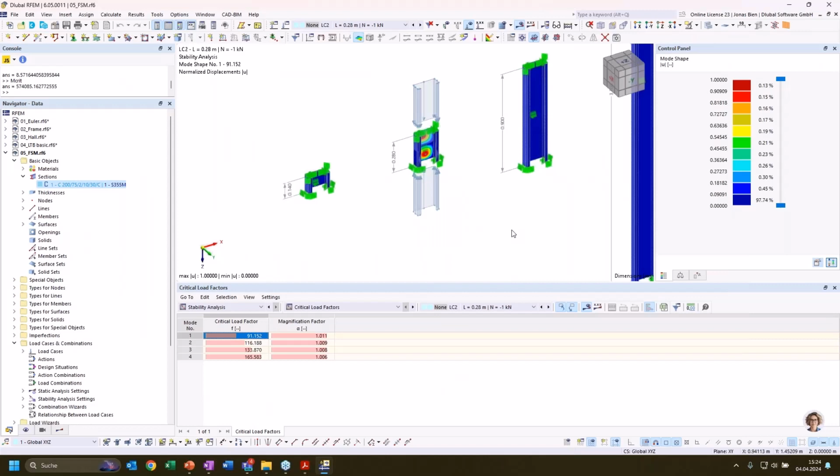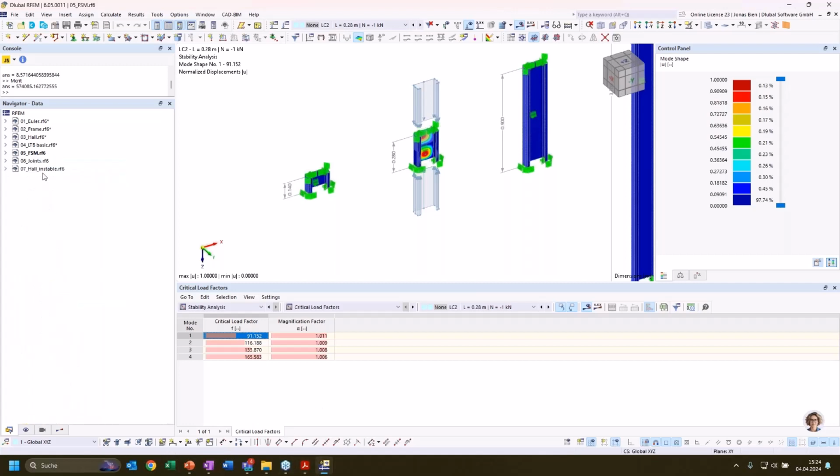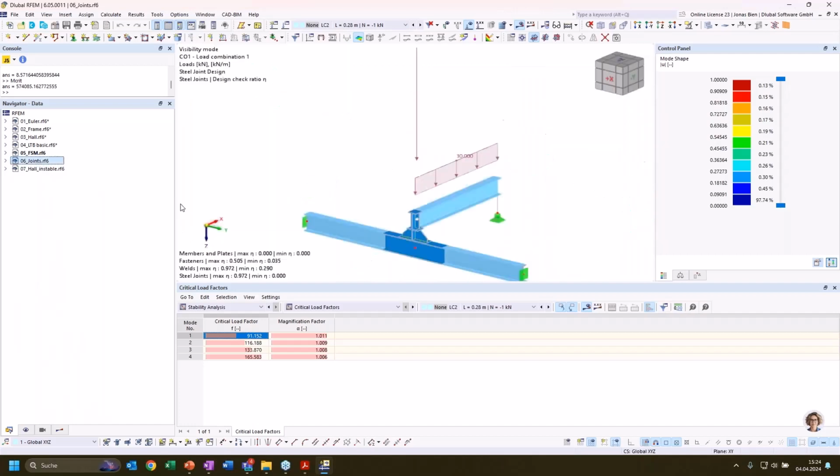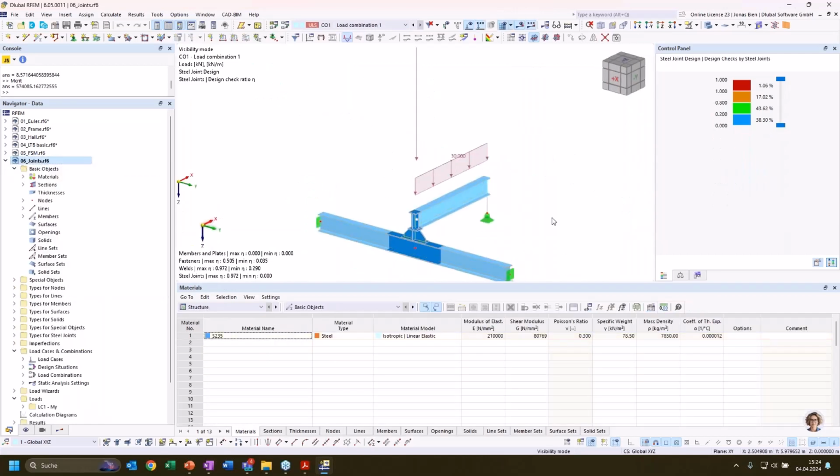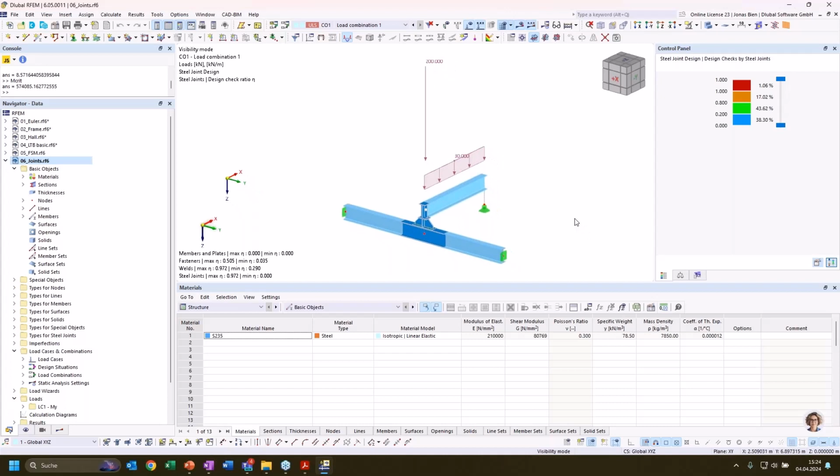All right, that's it for the second topic, the cross-sectional design. The last two topics will hopefully not take that much time to explain. I just want to mention as a side note that we can also perform the linear eigenvalue analysis within our steel joints design.